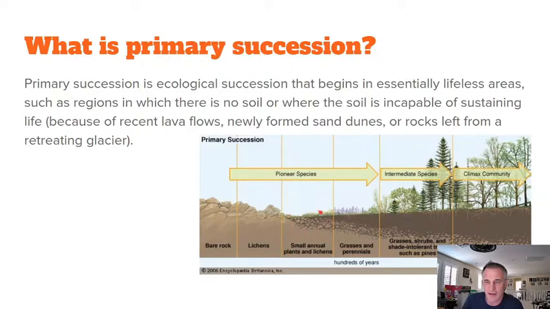Once we start getting soil, then we get other species, small annual plants and grasses that move in, and then eventually they can become larger plants like shrubs and maybe shade intolerant trees such as pines or conifers. And then eventually it can develop into a full-fledged climax community, which would be a full forest ecosystem.